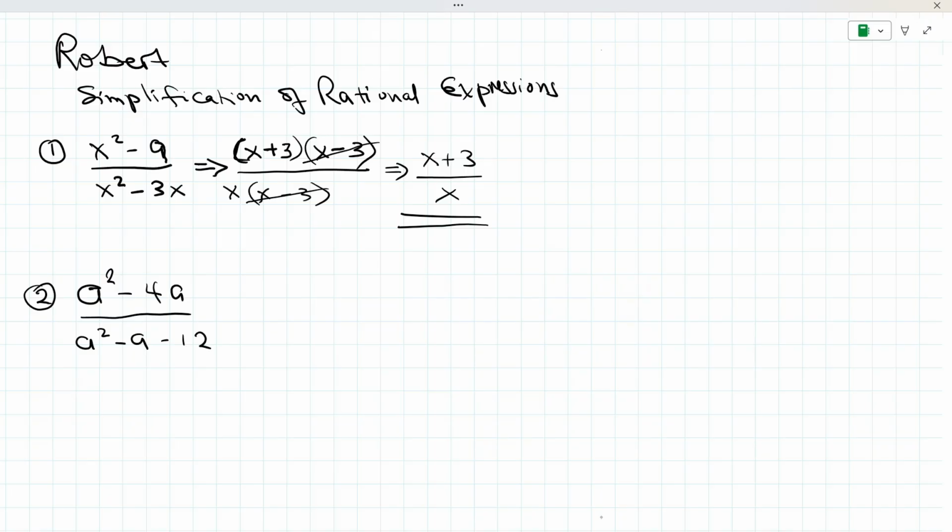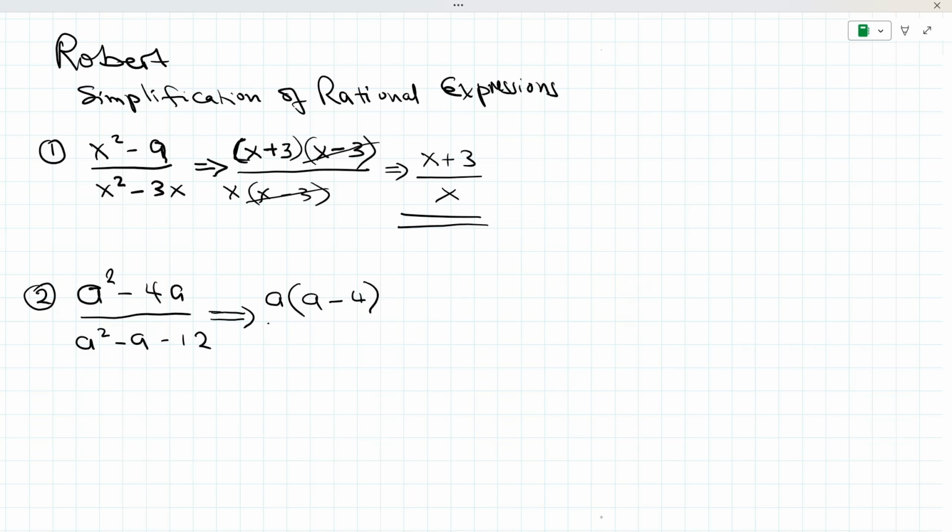Again, we have to follow the example one operational order. Now, when we look at the top, this expression has got a squared here and a in the other part. So we can pull out a, and we will be left with a on one side and then minus 4.